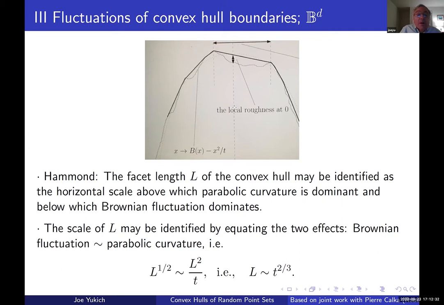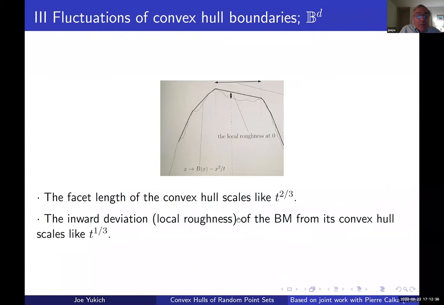But if L is T to the 2/3, so the facet length scales like T to the 2/3, and therefore the inward deviation of the Brownian motion should be the square root of this, namely T to the 1/3. So here we have fluctuations of Brownian motion with respect to the convex hull, which exhibit the 1/3, 2/3 scaling.